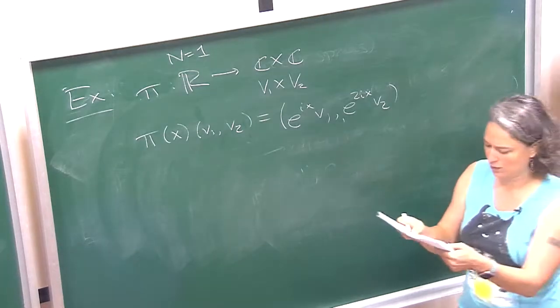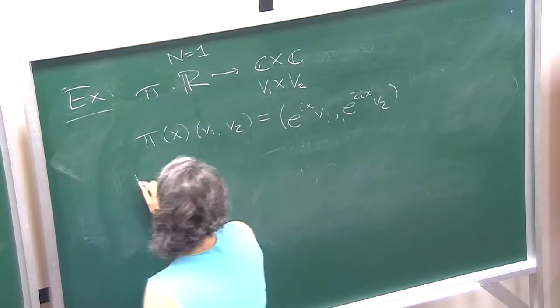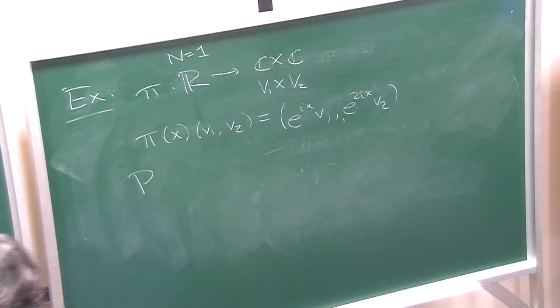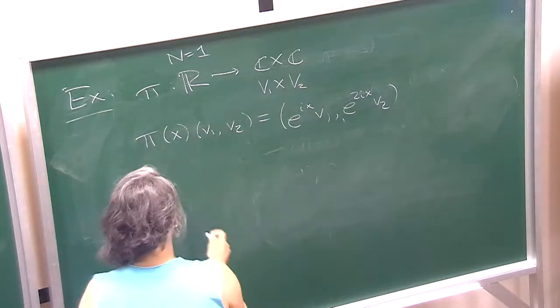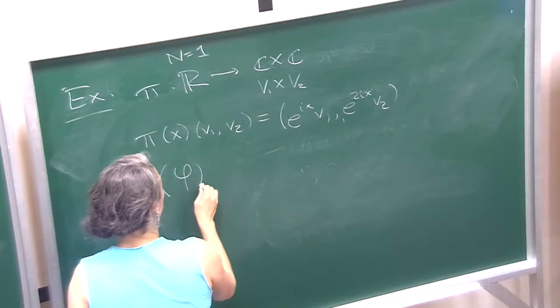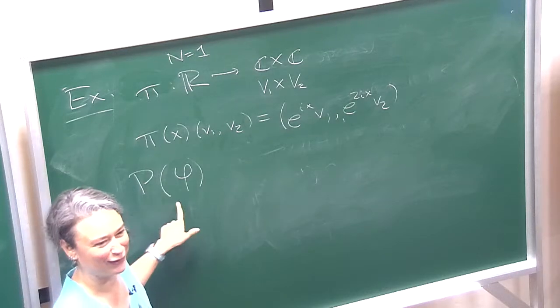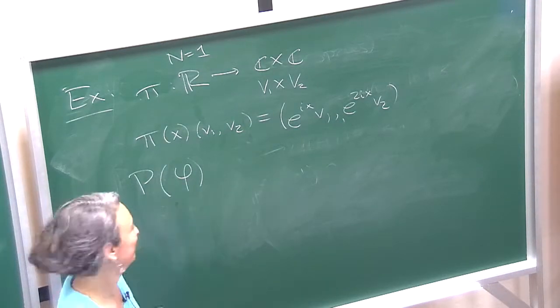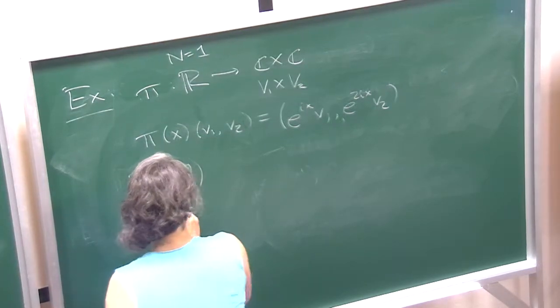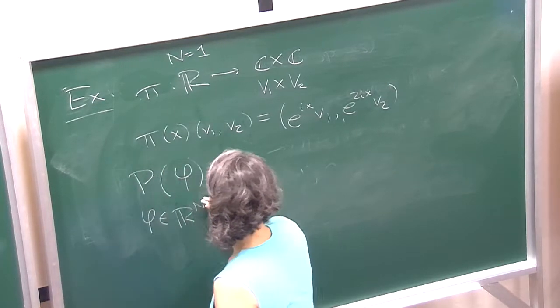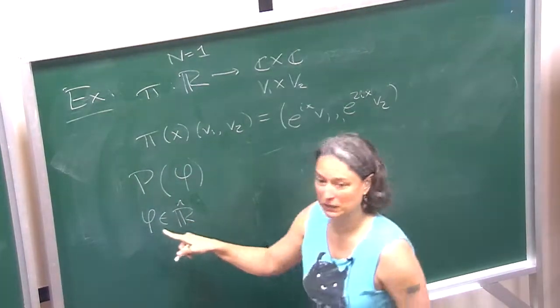Okay, so now P is supposed to assign to every Borel set, and so on. But in this case, it's just going to be a function. And I'm going to tell you what that function is as a function of functions. So phi here is supposed to belong to the unitary dual.